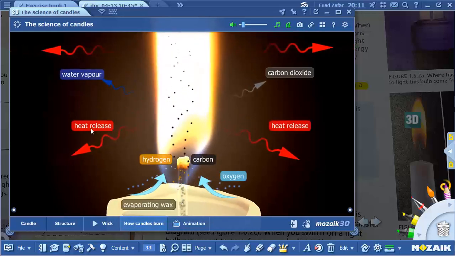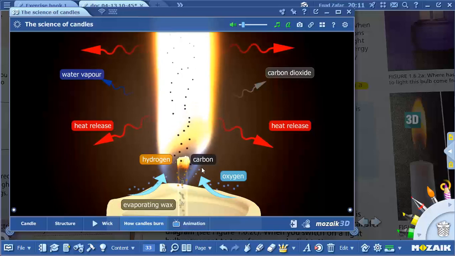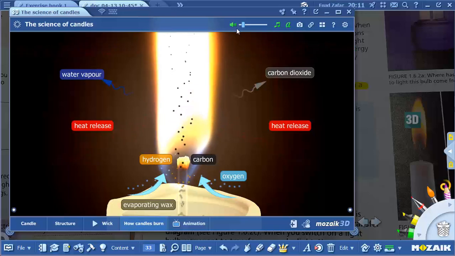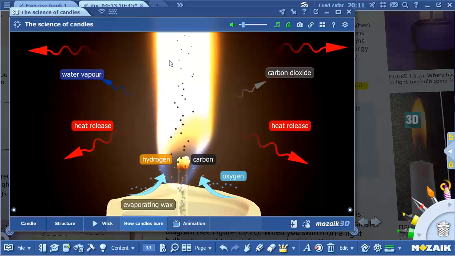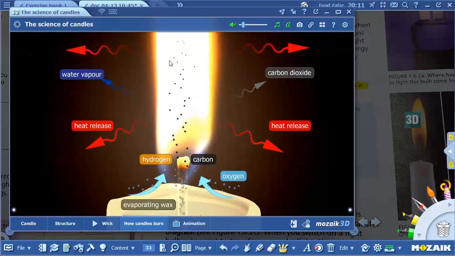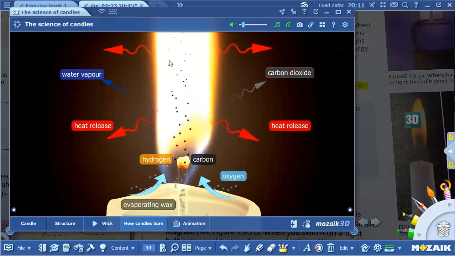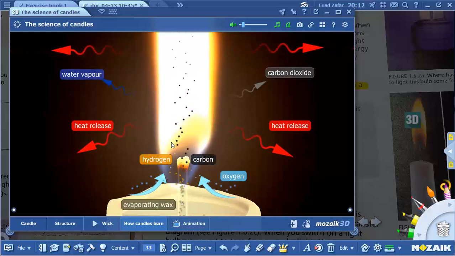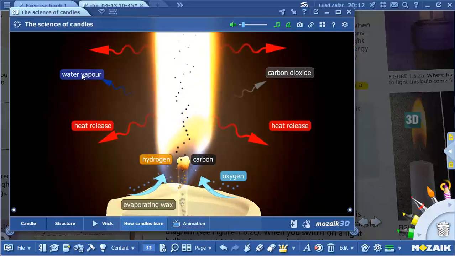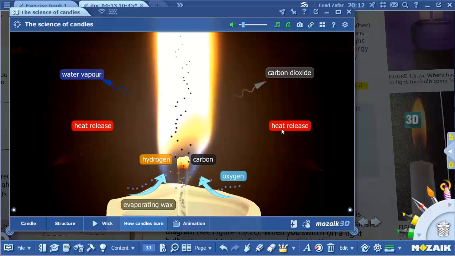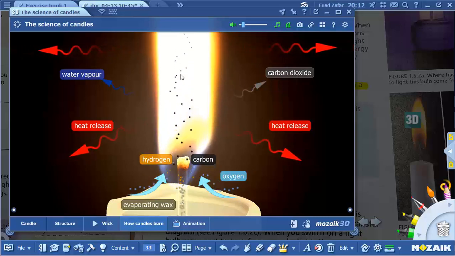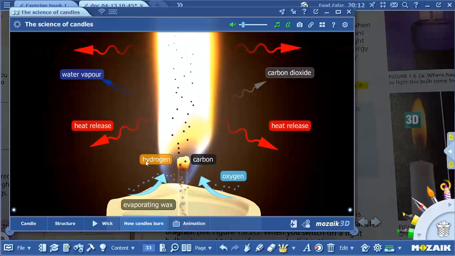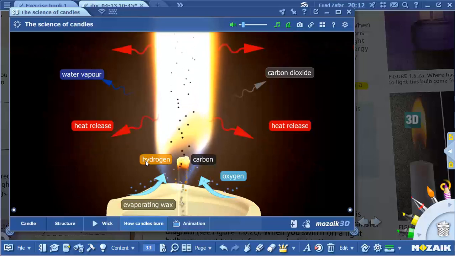Water vapor, heat releases hydrogen carbon. So it's providing you light and heat. This is how a candle works. Later on you will know about water vapor, carbon dioxide and heat release. I'm just trying to show you how a candle actually burns and how it transfers the energy.